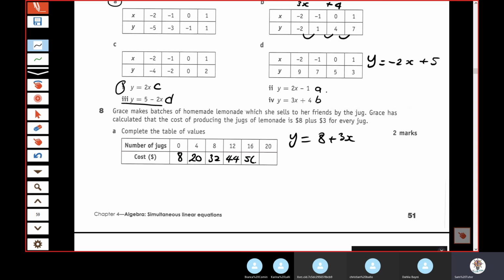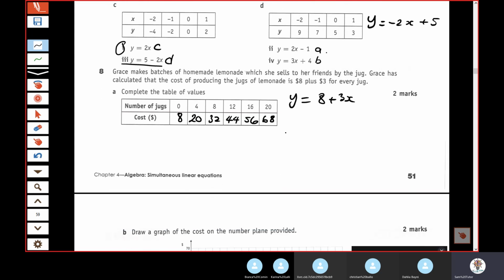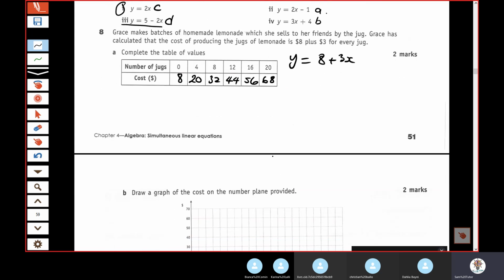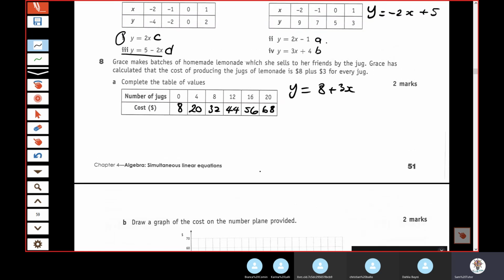Then this should be 56, and then the last one should be 68. Is that right? Yep. You guys all with me? Jan, Christian, you're all on this question? Question 8. Yeah.